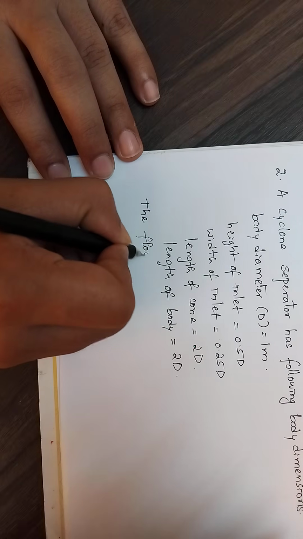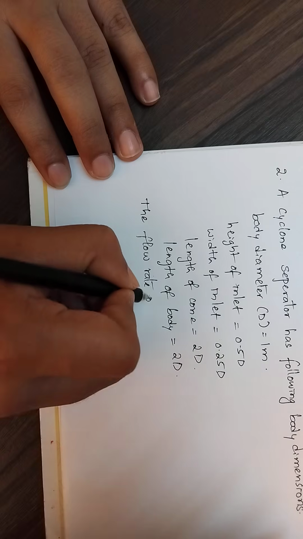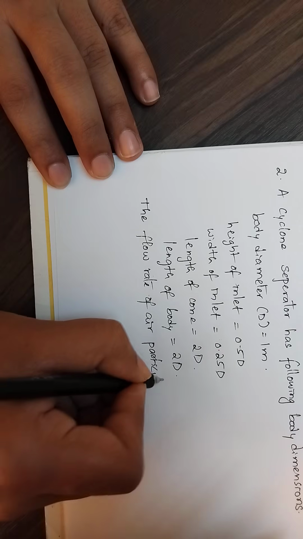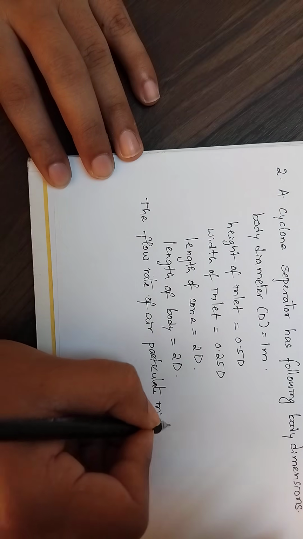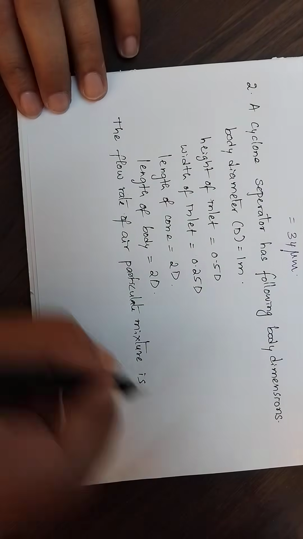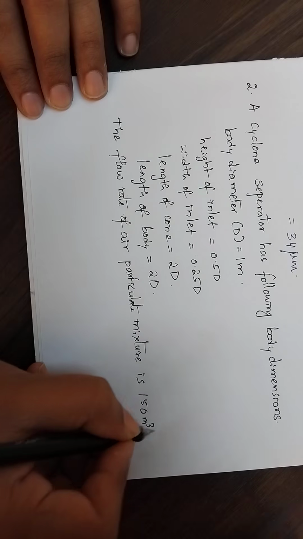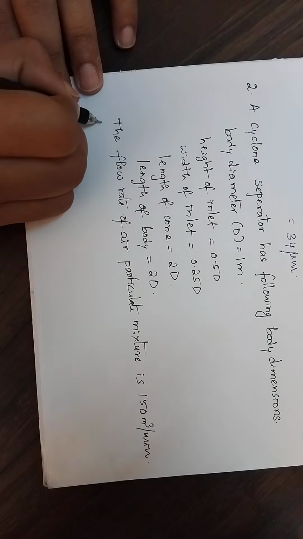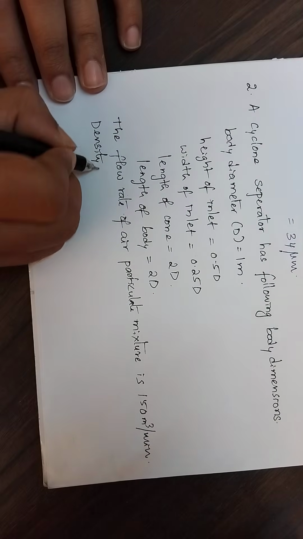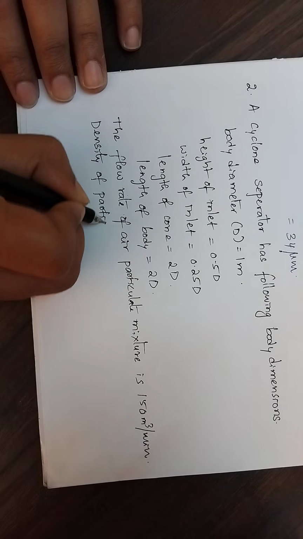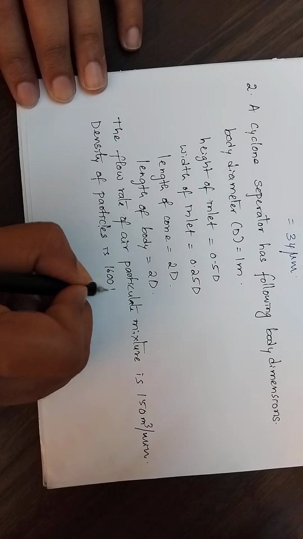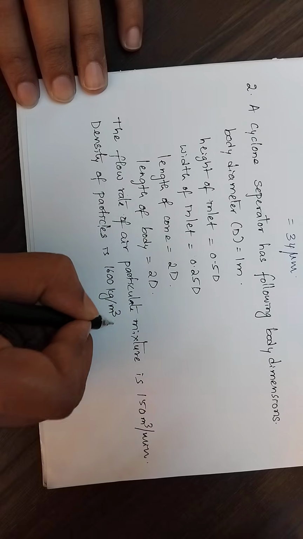Further, it is given the flow rate of air particulate mixture is 150 meter cube per minute. Density of particle is 1600 kg per meter cube.